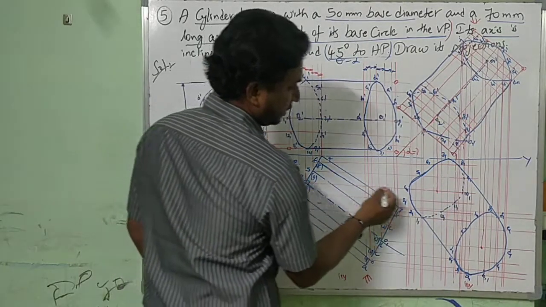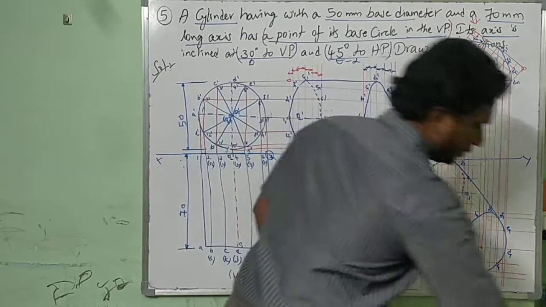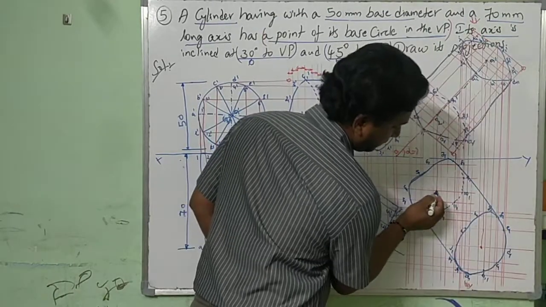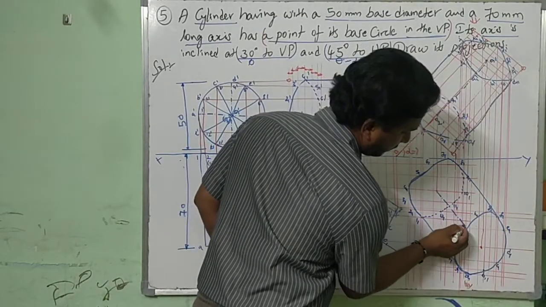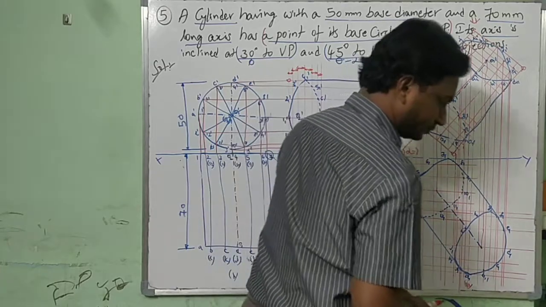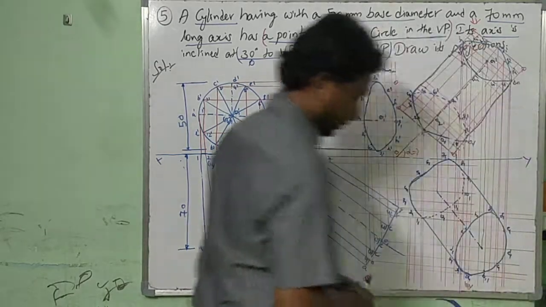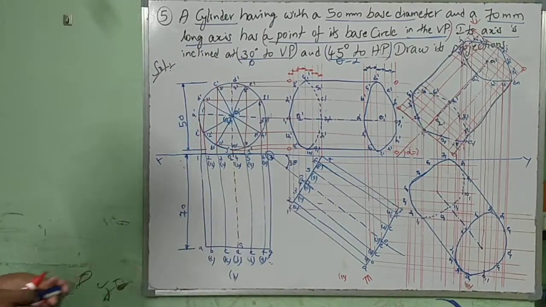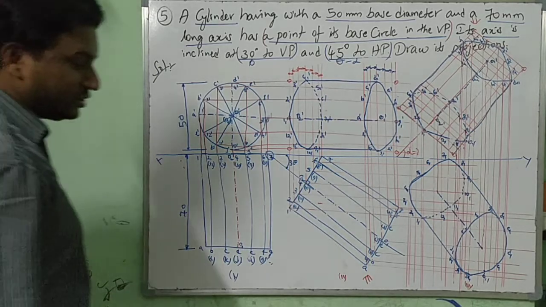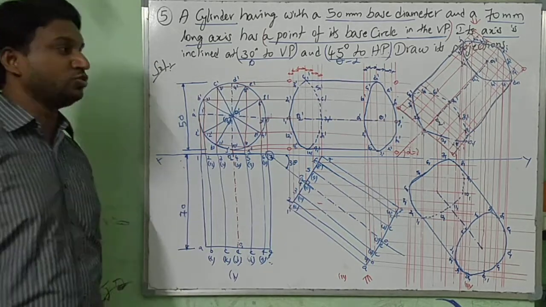Indication of the axis is very important. Now these two lines, done. See, this is not a tough problem, but it is typical, so you should have some patience to draw.